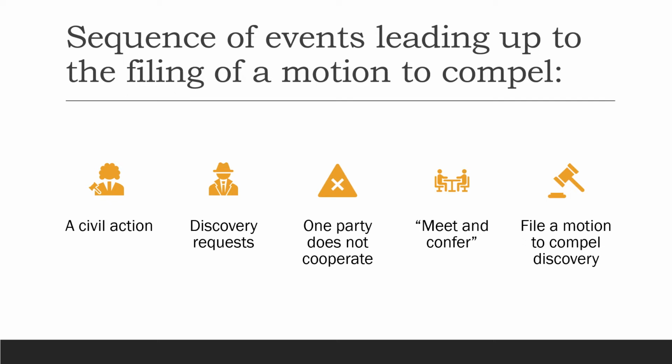Here is a general sequence of events leading to filing the motion to compel. First, the lawsuit officially begins when the plaintiff initiates a civil action against the defendant. We learned this early on in the beginning chapters of our book.